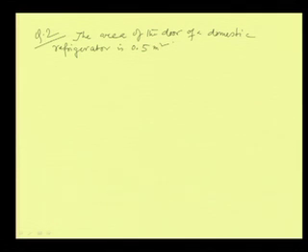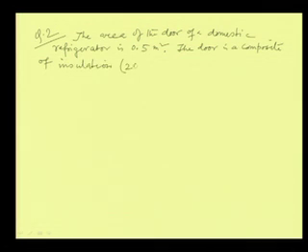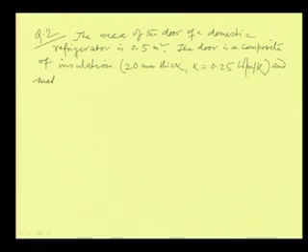The door is a composite of insulation, which is 20 millimeter thick, and K is equal to 0.25 watt per meter per Kelvin, and metal sheet.